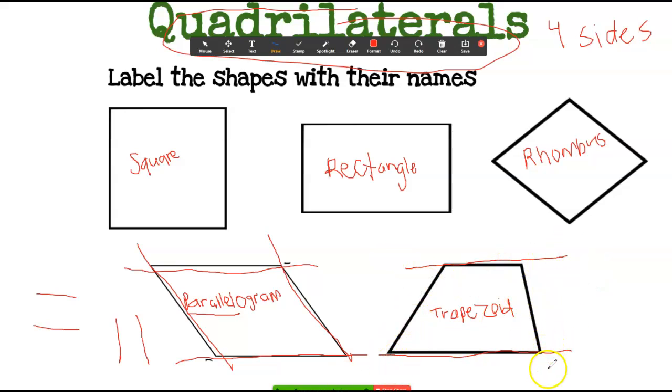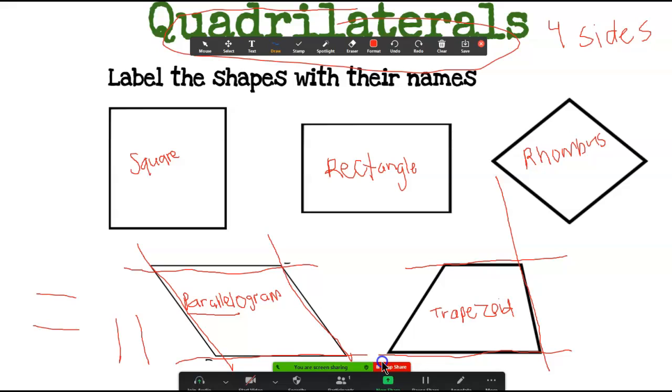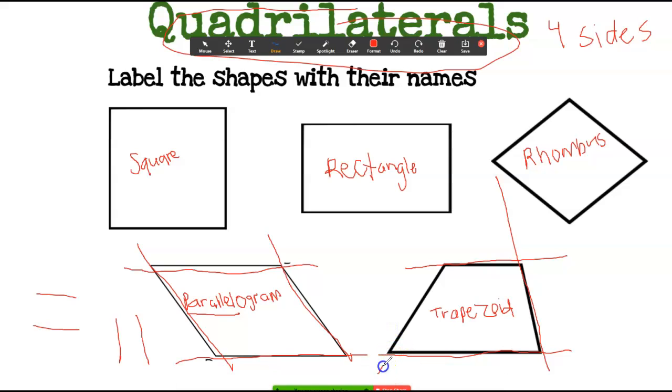The other pair are not parallel. So, for example, if you draw a line here and you draw a line here, notice how eventually those lines are going to touch, okay? Which means that they are not parallel. So a trapezoid has one pair of parallel sides, one pair, and a parallelogram has two pair of parallel sides.